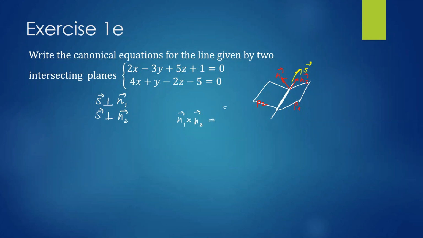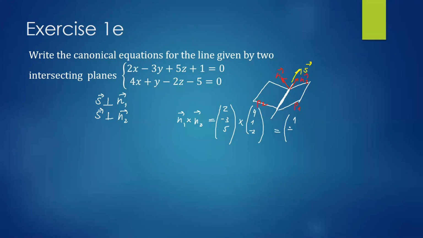multiply these two vectors. 2, minus 3, 5 times 4, 1, minus 2. So for the first coordinate, we use second and third. So 6 minus 5 is 1. Now for the second coordinate, remember we need to change the sign. So 2 times minus 2, minus 4 times 5, minus 20 is minus 24.